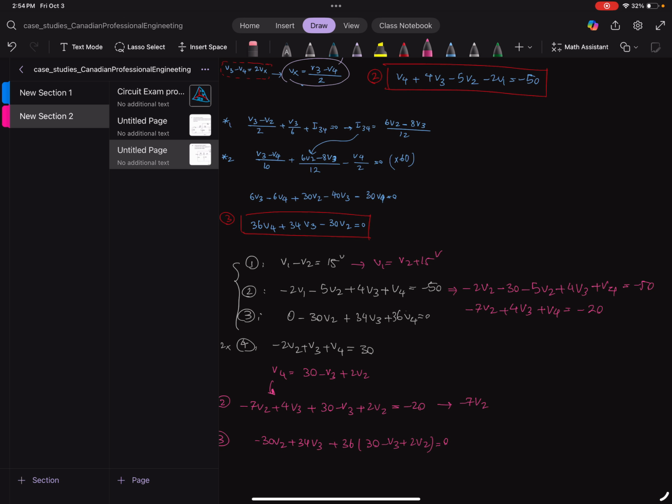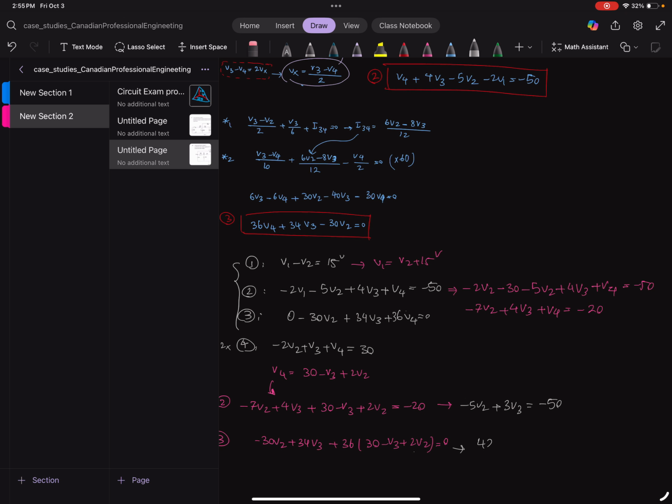V2, this one, maybe it hurts your eyes, so let me write it: minus 5 V2 plus 3 V3 is equal to minus 50. This one, we have minus 30 V2 and then 72 V2 here.